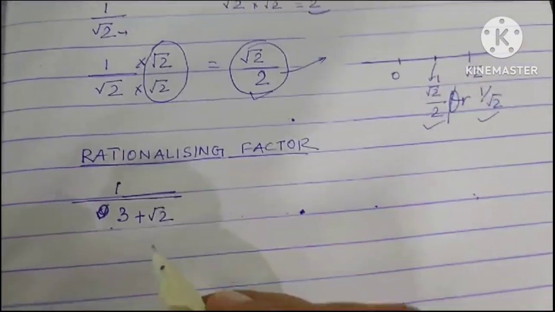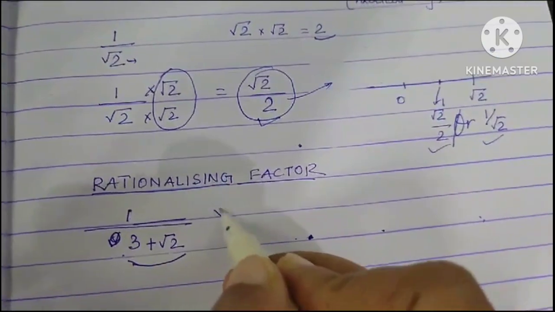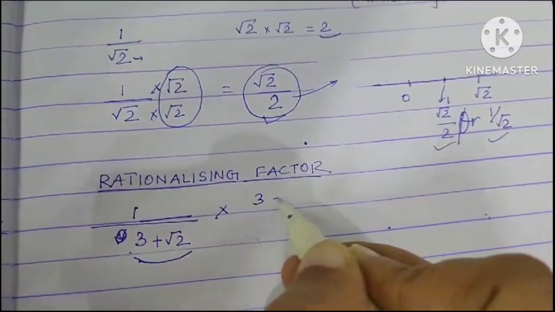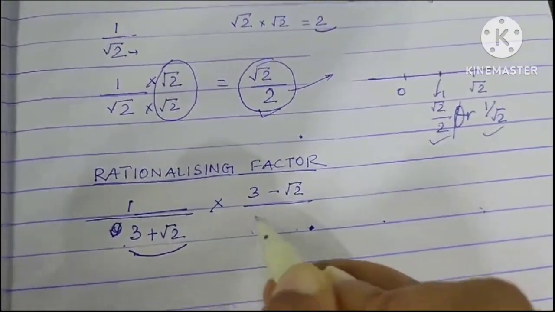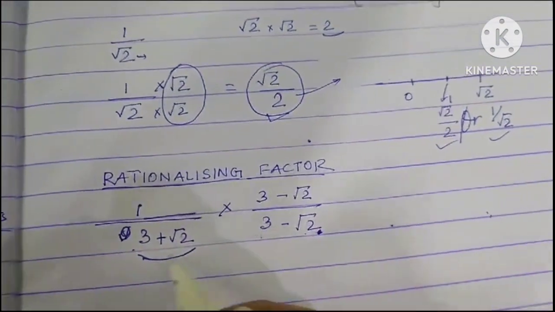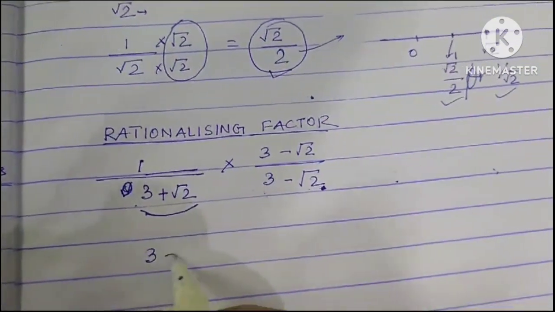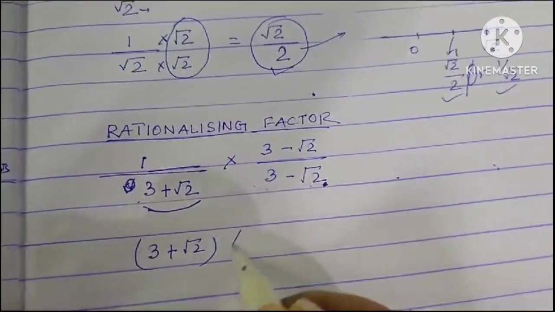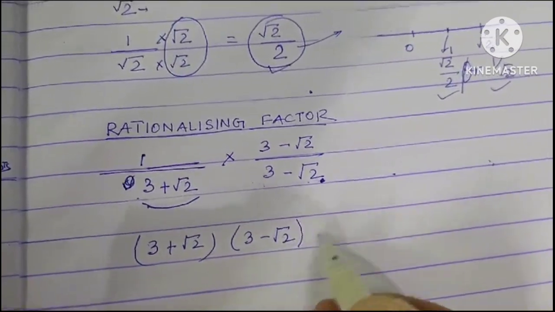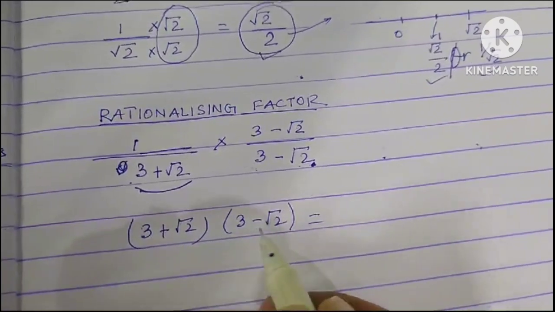So how will we rationalize the denominator? This is an irrational number. So we will multiply the numerator and denominator by 3 minus root 2, so that the denominator will be a rational number. Why will we multiply with this? Let us see. 3 plus root 2 multiplied by 3 minus root 2 will be equal to (a plus b) into (a minus b), a square minus b square.